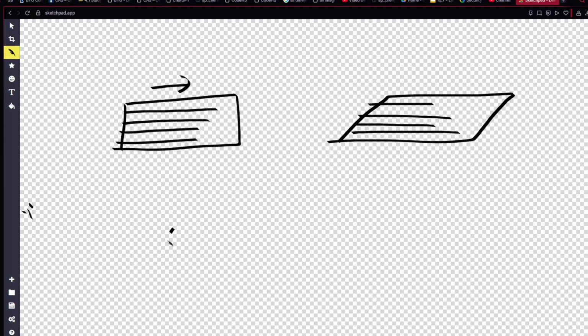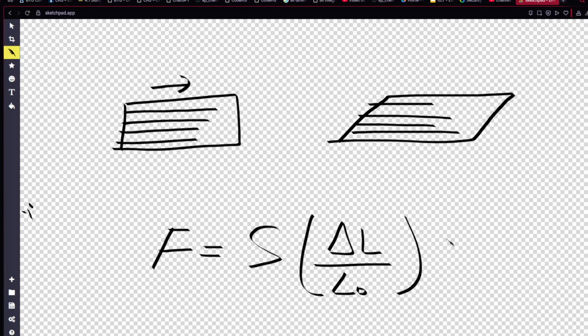Now the formula here that we're going to want to apply is F equals S, and they use S to denote that it's the shear modulus we're dealing with here. I don't know why they changed the variable names around because I would think that's quite confusing. And it would again be delta L divided by L0 times area.